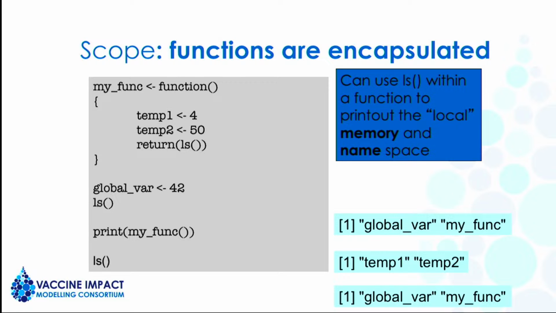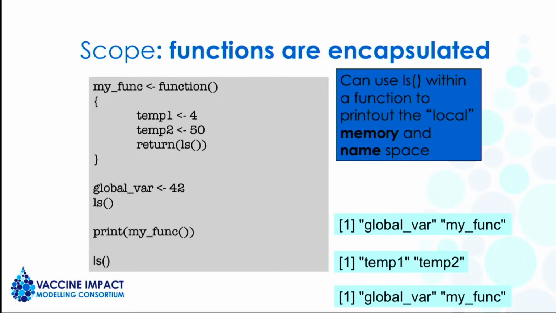Now inside the function we have asked it to return not the value of temp1 and temp2, but the value of ls. So ls prints out the contents of the memory of the function. This time, when we print the value of the function, we get temp1 and temp2.